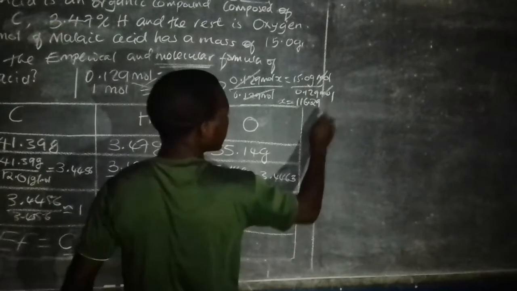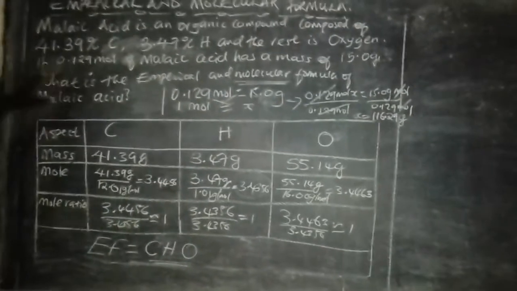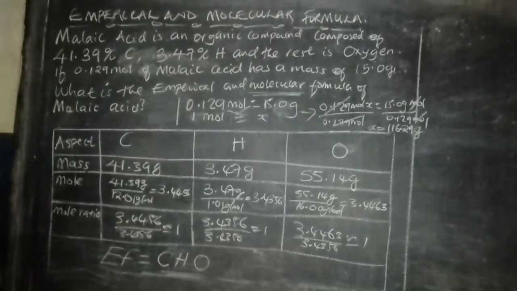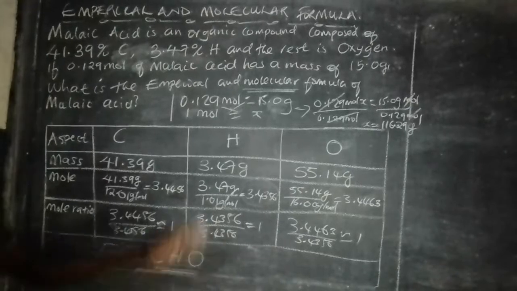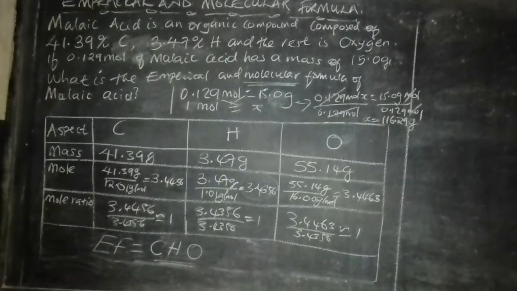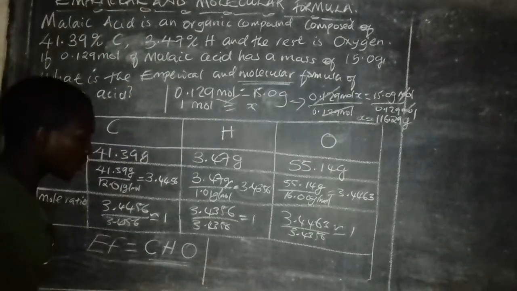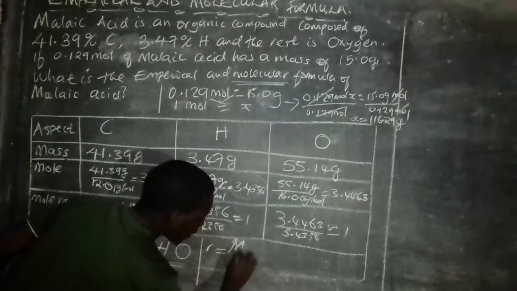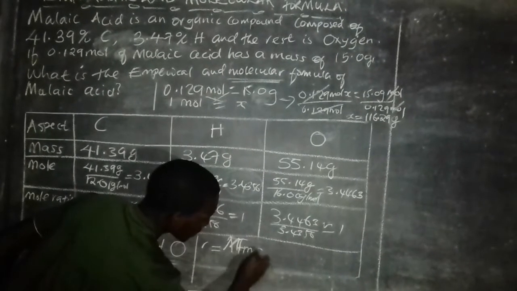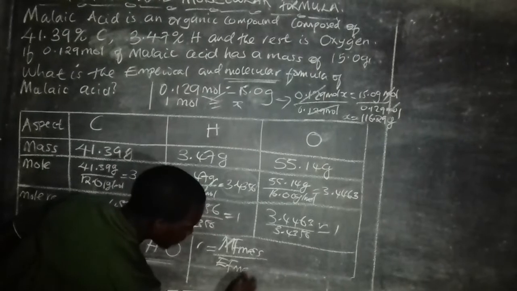So that means one mole of this compound, maleic acid, has 116.29 grams. So then, what would be the molecular formula? For us to calculate the molecular formula, we need to know the mole ratio. So the mole ratio R is equal to molecular formula mass over empirical formula mass.